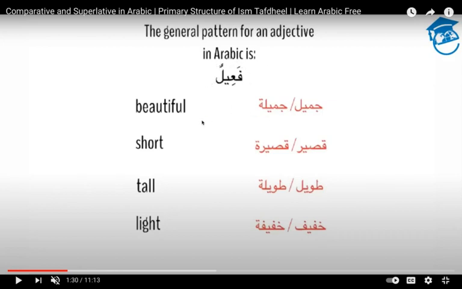Examples we have here: جميل for masculine singular, جميلة for feminine singular, which means beautiful. We have قصير, قصيرة, which means short, طويل, طويلة, خفيف, خفيفة.